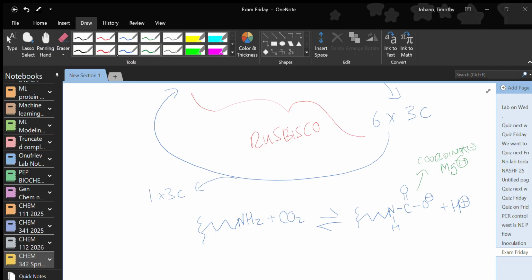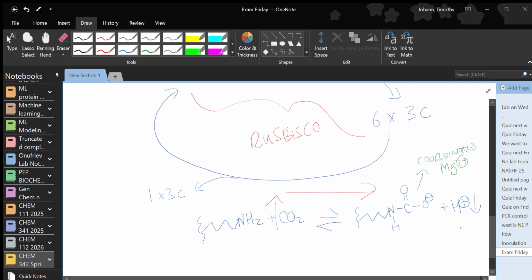If you have a bunch of carbon dioxide around, you drive this reaction this way, and you can run the Calvin cycle and make stuff. Does that make sense for that part? And then the other part is, when the light reactions are running, the stroma has a low concentration of acid in it, right?